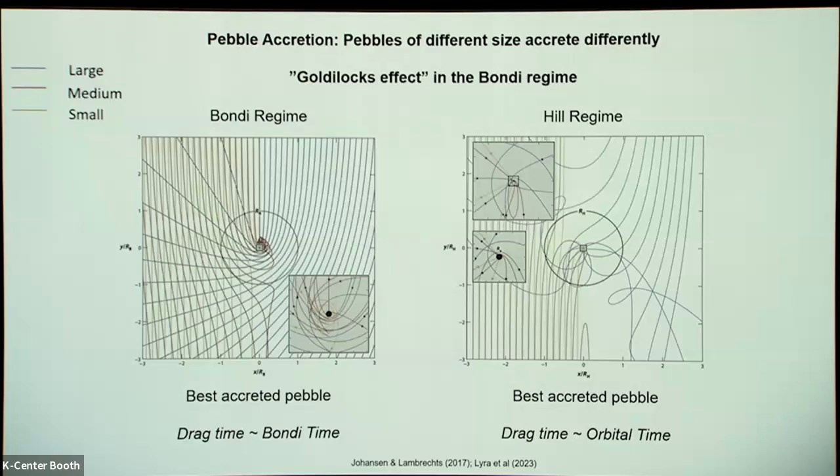So the assumption that where most of the mass lies, which is the biggest pebbles, will give you the bulk of the mass accretion rate, you would be right for the Hill accretion, but dead wrong for the Bondi regime case. For that case, you need a polydisperse size distribution, meaning pebbles of all sizes, so that you can capture the optimum, the medium-sized grains here that accrete the best.